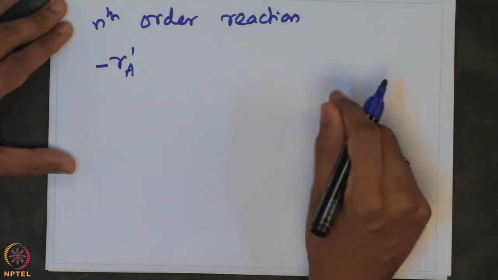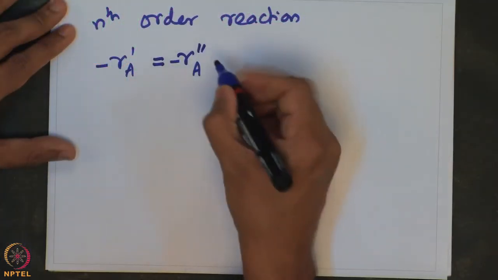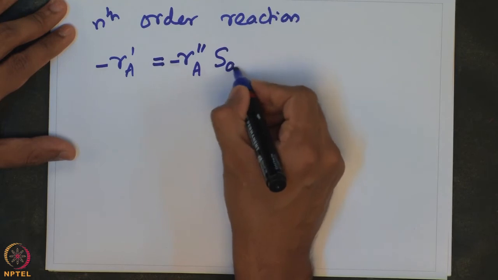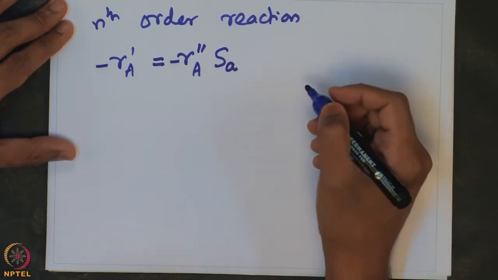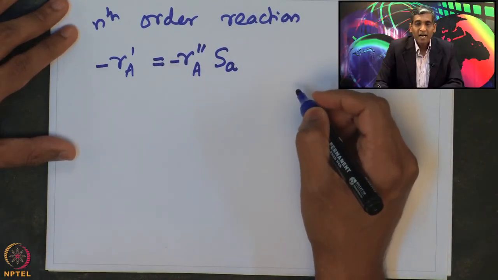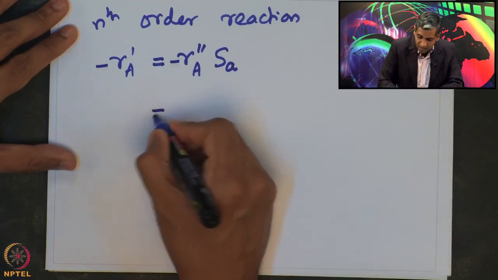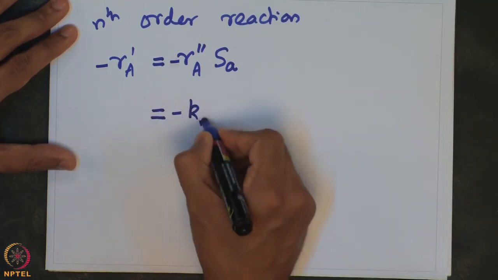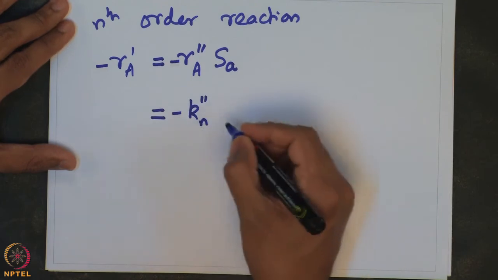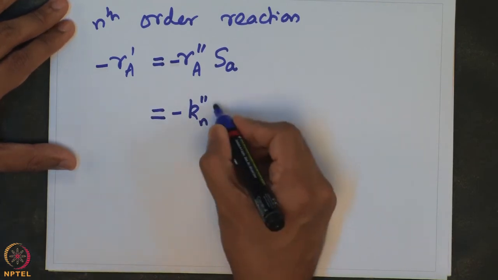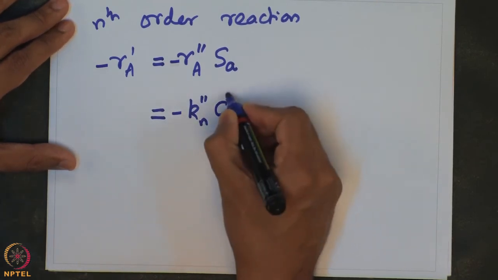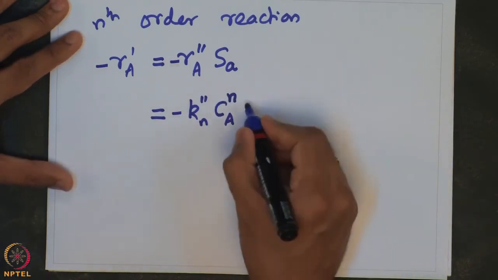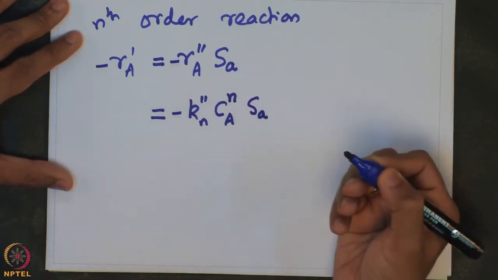So, that is essentially given by minus Ra double prime into the active surface area per unit weight of the catalyst, and if it is an nth order reaction, this is essentially given by minus Kn double prime, which is the corresponding intrinsic rate constant, multiplied by Ca to the power of n, multiplied by Sa.